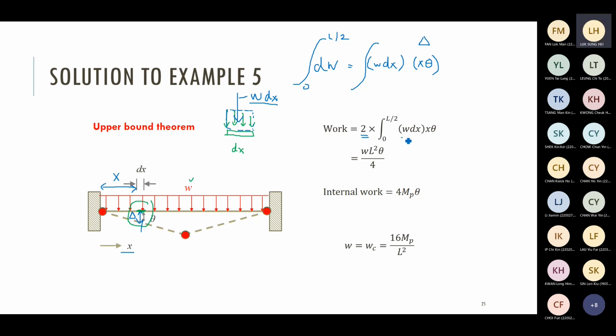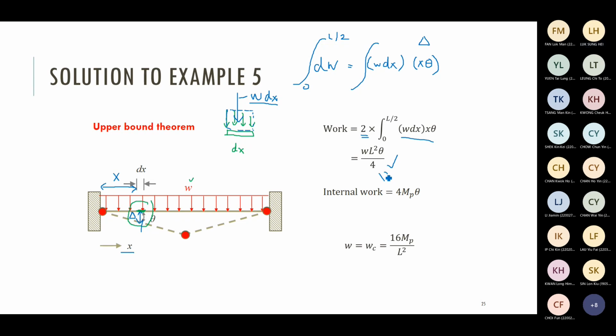It's testing your skill in doing integrations. If you trust me, then this is the answer: WL squared theta over 4. Testing your integration skills. Equate the two things together, then you can find that the critical W is equal to 16 MP over L squared.